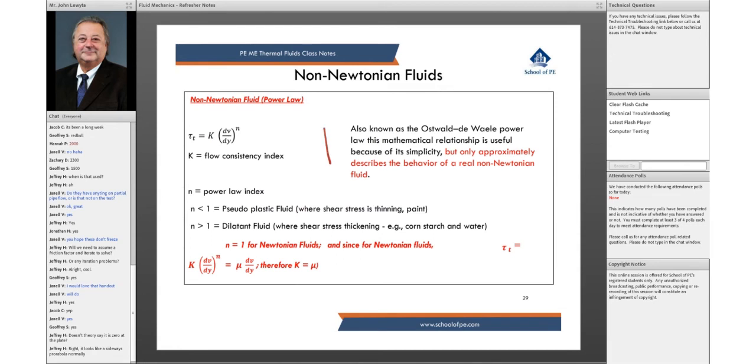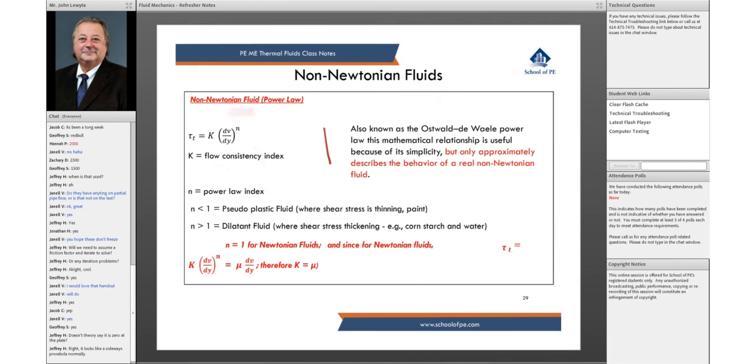For non-Newtonian fluids, they have what's referred to as the power law. Shear stress is a function of the flow consistency index K, where n is the power law index. Values less than 1 are called pseudoplastic, shear thinning, like paint. When n is greater than 1, it's called a dilatant. Cornstarch in water is an example.